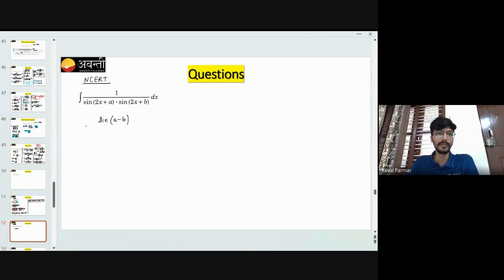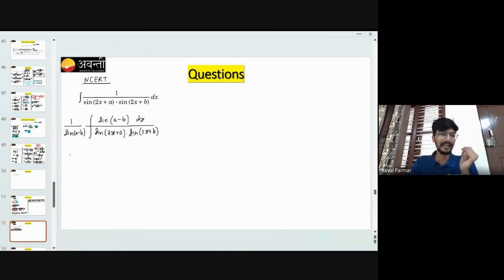This I did on my own. So I multiplied with sin(a minus b) and I divided with sin(a minus b). a minus b is a constant, so no issues, right? And in the denominator we have sin(2x plus a) into sin(2x plus b).